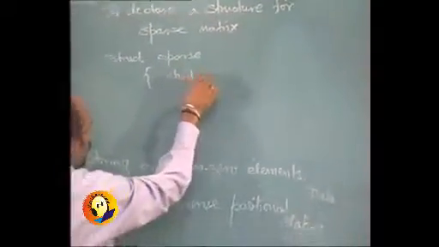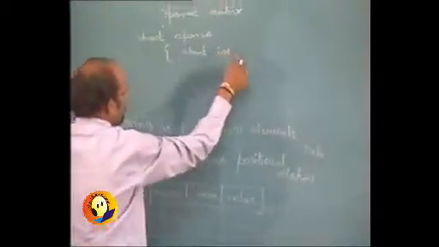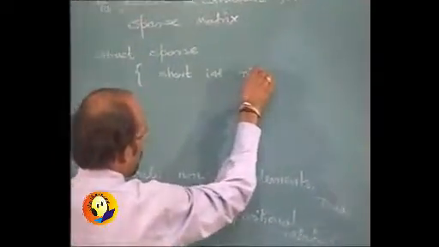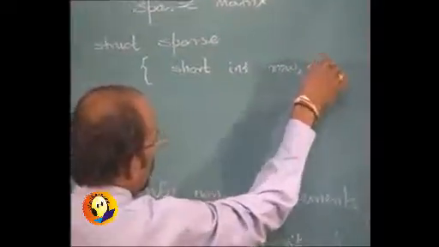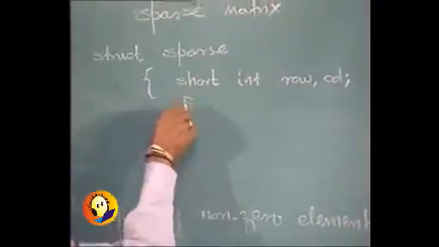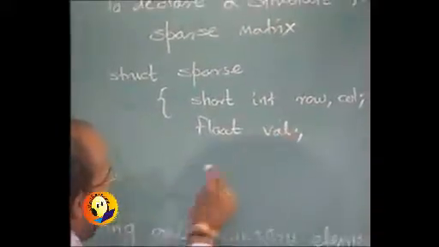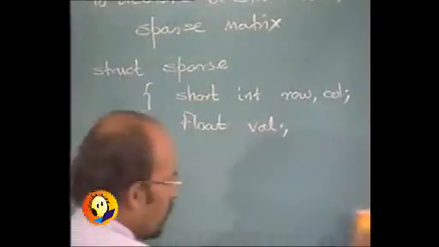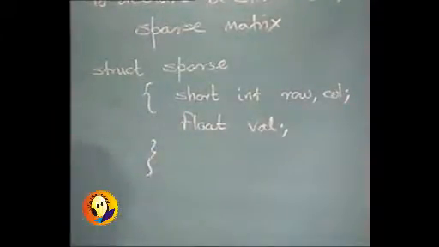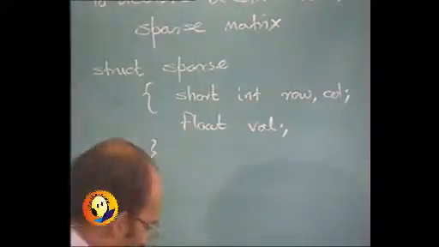I can say short int row, column, float val. What is a structure or a record?